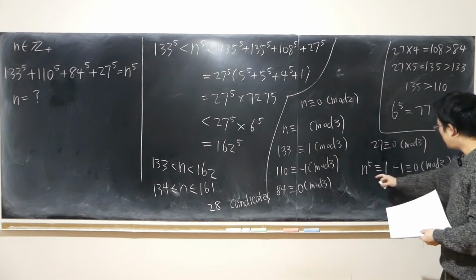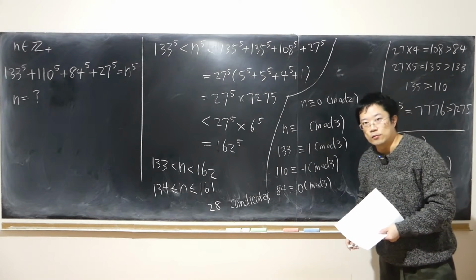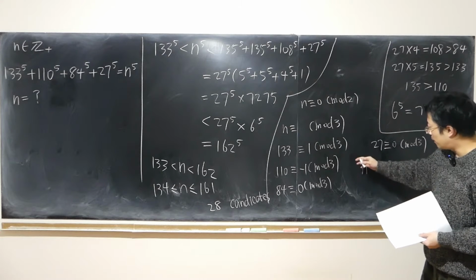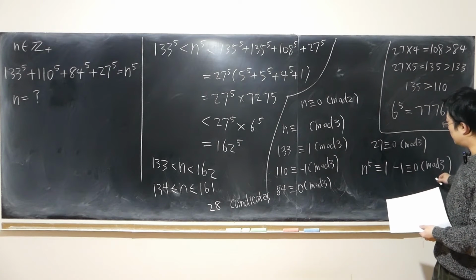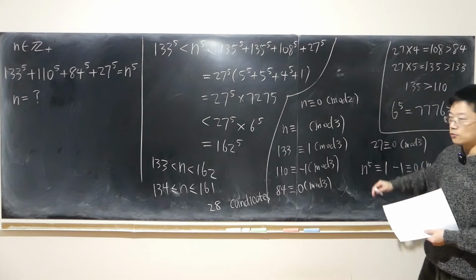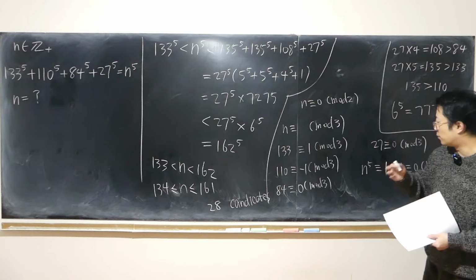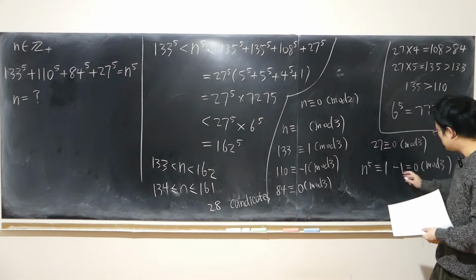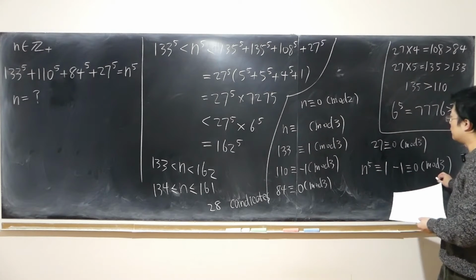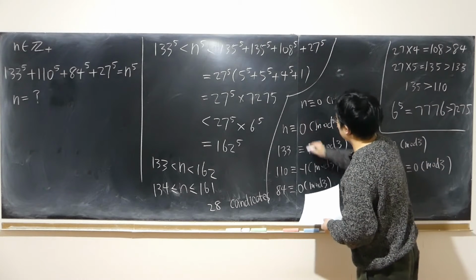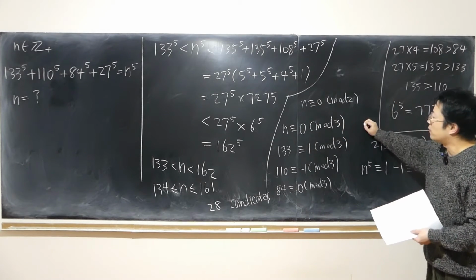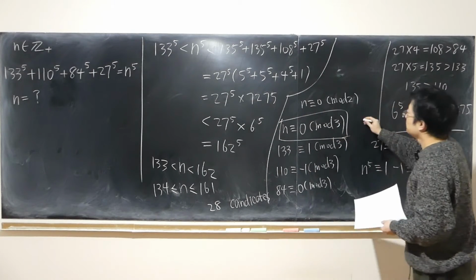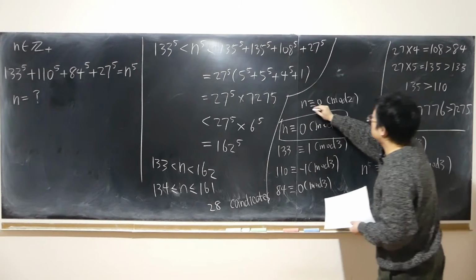So n must be divisible by 3. If n has a remainder of 1, when you raise it to the power of 5, it cannot be divisible by 3. If n has a remainder of 2, when you raise it to the power of 5, of course, it cannot be divided by 3. It's only when n is divisible by 3. So we know that n is congruent to 0 mod 3.